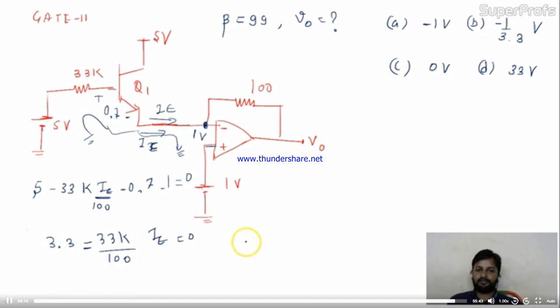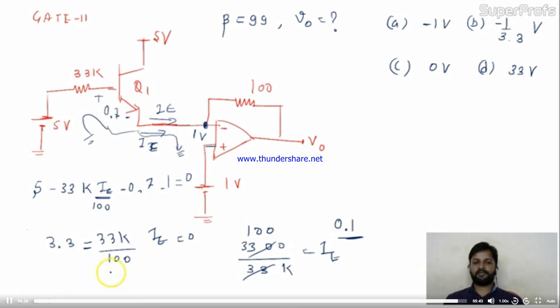It will become 3300 divided by 33K is equal to IE. Correct? So it is 0.1. Okay, so I made some mistake over here. 3.3 into 100 will be 330 only. So it is 0.1. So this is 10 milliampere. So you got the current IE, that is 10 milliampere.